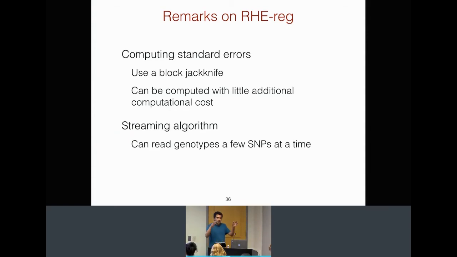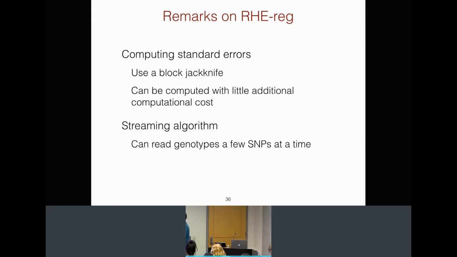So basically, what you do is you take your genome, you drop blocks of the genome, and re-estimate, and use those estimators to build up an estimate of standard error of your original method of moments. One reason why this is a good thing to do is this doesn't actually add any additional computational cost. So you can do this without actually explicitly running this 100 times for 100 different blocks.